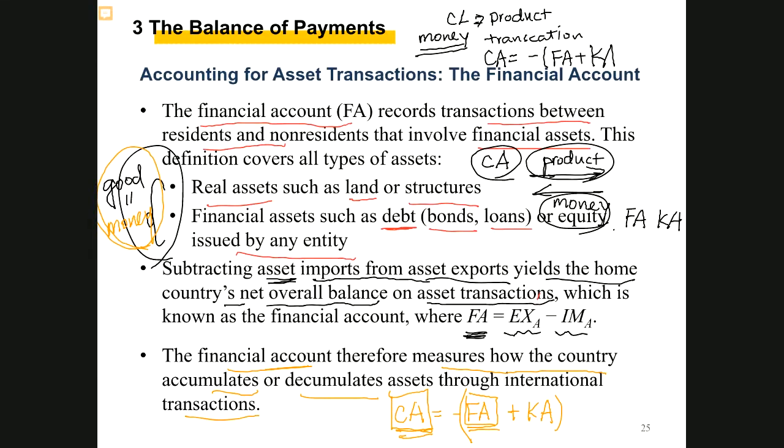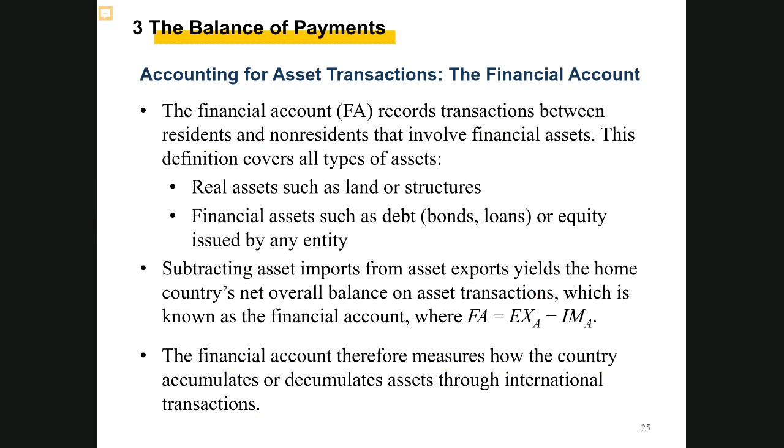All right, if you see CA, the left-hand side, current account, captures the product flows. The right-hand side captures money flows.